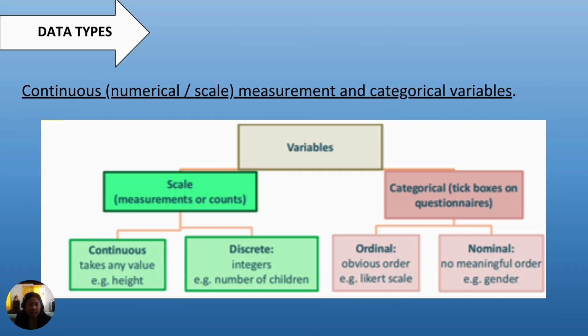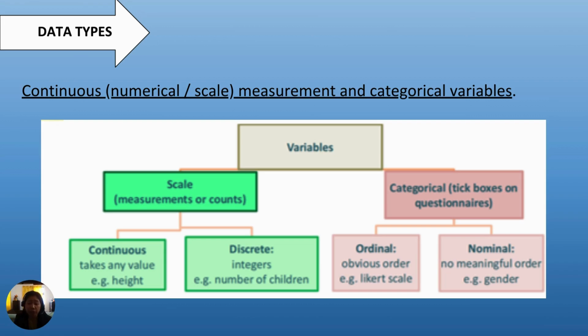If you look at this diagram on the slide, of course, you'll see that everything starts with the big word variable. So again, what's a variable? I hope you were able to retain the definition of a variable. A variable is anything that we can measure or record in research that can change or vary.